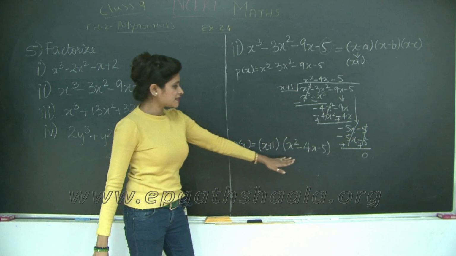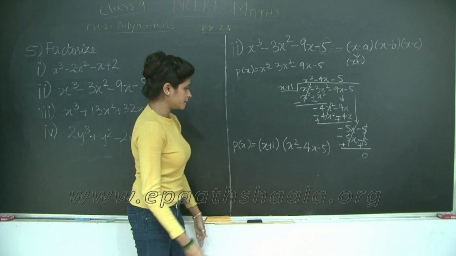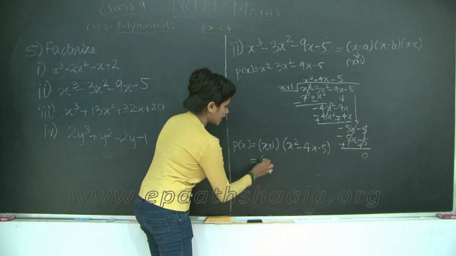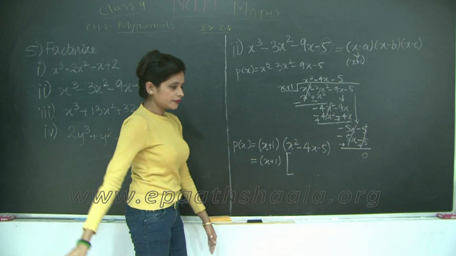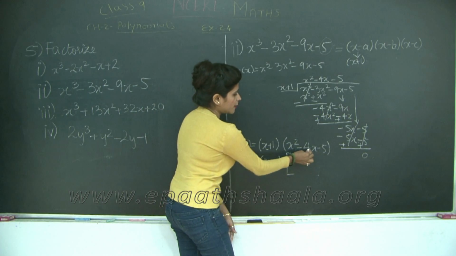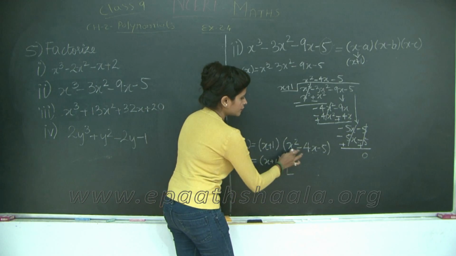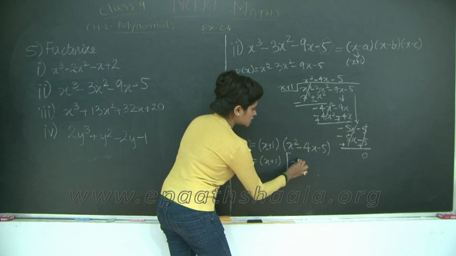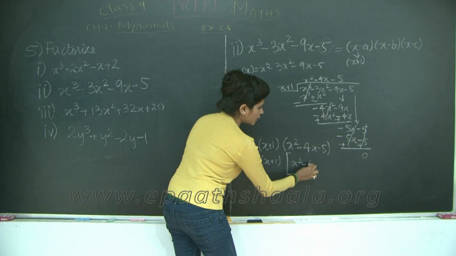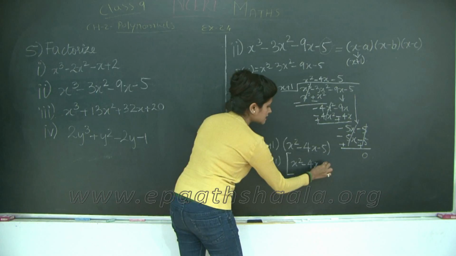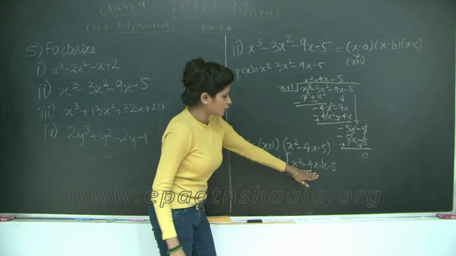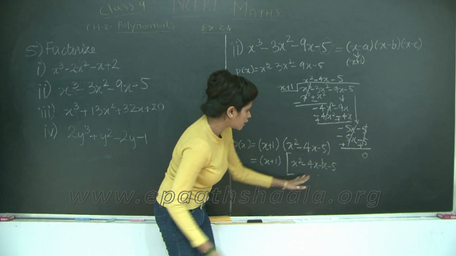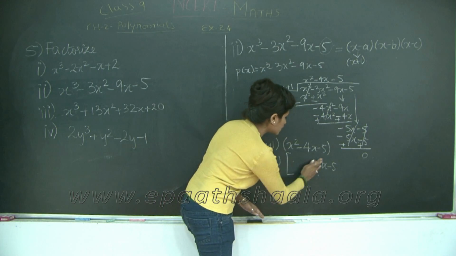Right? Now we can simply solve this by splitting the middle term. So x plus 1, and I'm putting a big box bracket here. So how am I going to split my middle term?